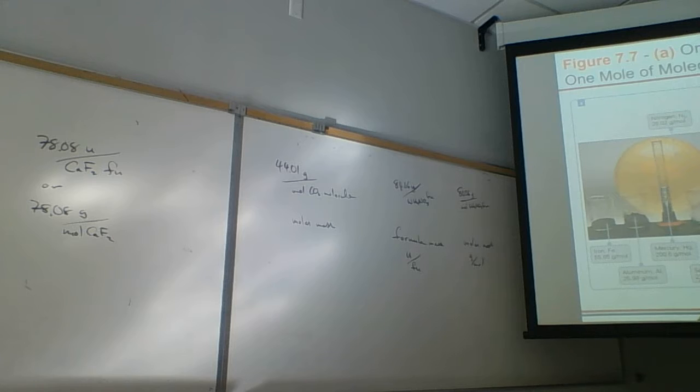Now acids are tricky because we had HCl, and we actually named HCl two different ways. We named HCl as the acid, and we named HCl as the gas. In the gas, we called it hydrogen chloride. In the acid, we called it hydrochloric acid. In the gas phase, it turns out that HCl is kind of weird.